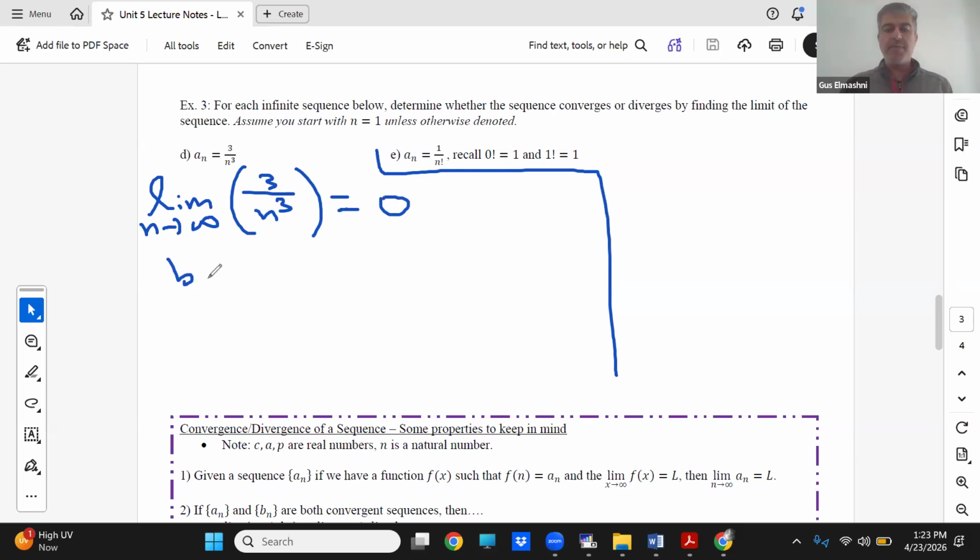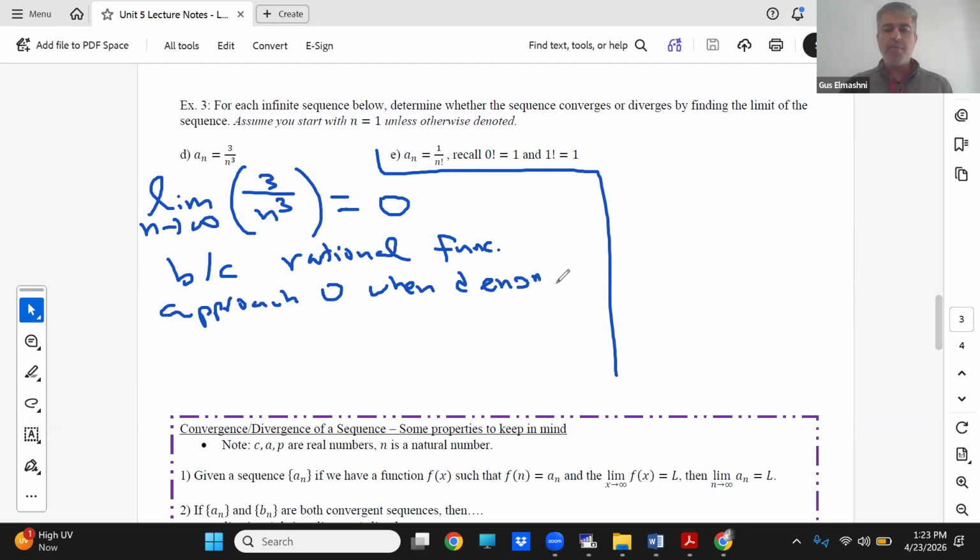And that's because rational functions approach zero when the denominator has a higher degree than the numerator. And so, yeah, it converges.